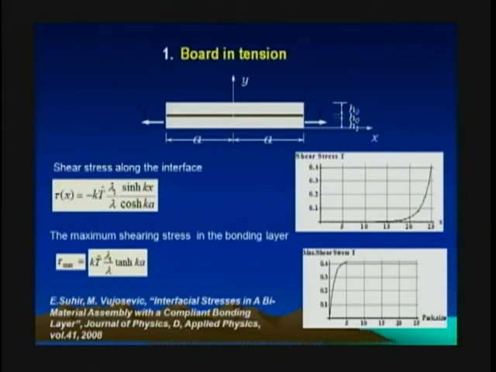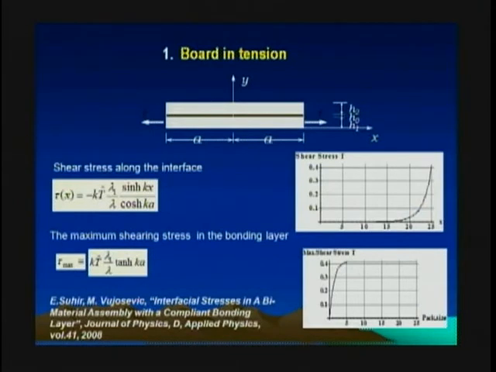And here, therefore, we examine the situation when you have tension only, which is applied to the lower component. And the question was, how is it transmitted to the upper component? And as a result of that, what type of stresses and strains will be exhibited by the interfacial compliant layer?